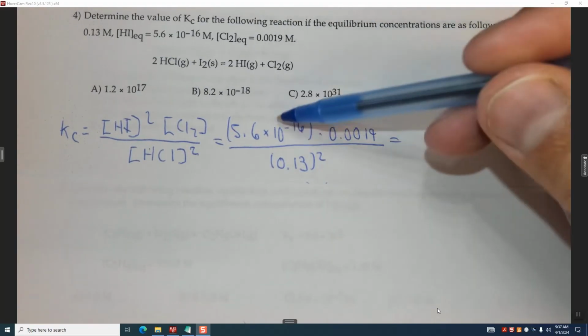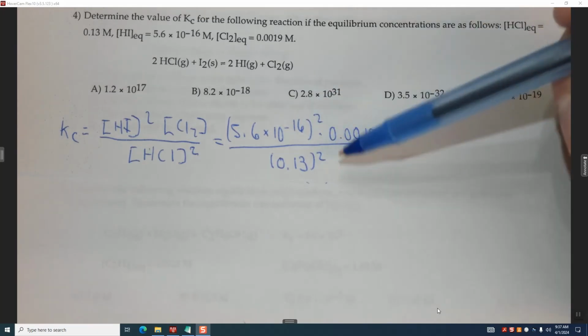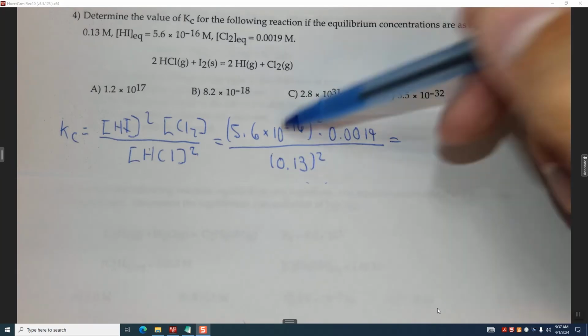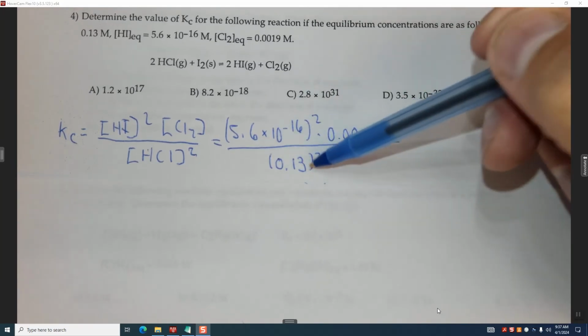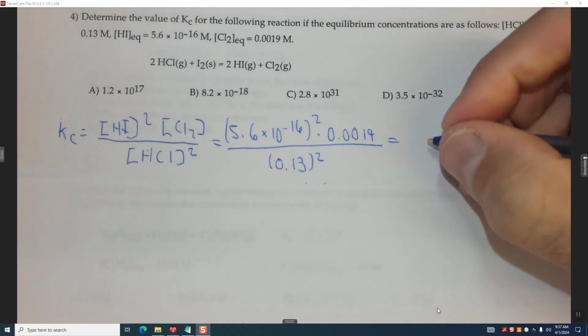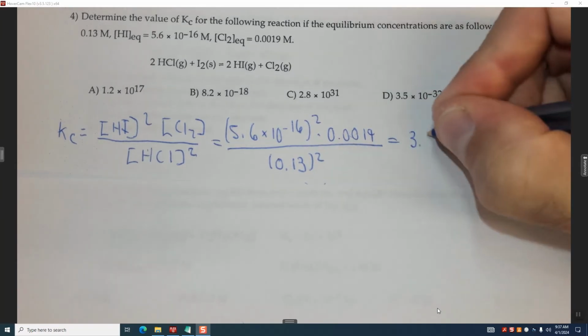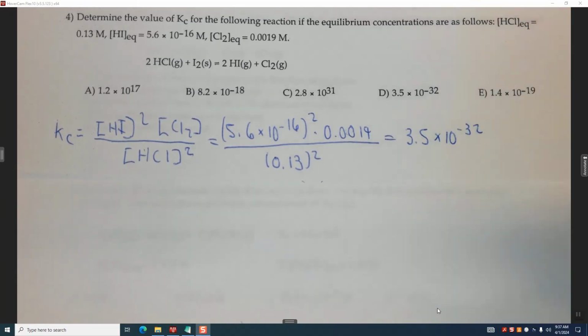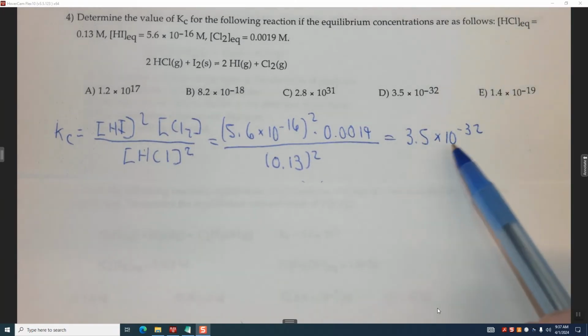Alright, so if we look here, the reactants are clearly favored. There's very, very small amounts of products on the top and a much larger amount of reactant on the bottom. So when we do this, we get 3.5 times 10 to the negative 32. So what you see is we have a very, very small value of Kc.